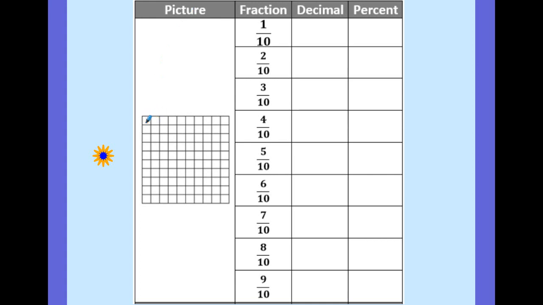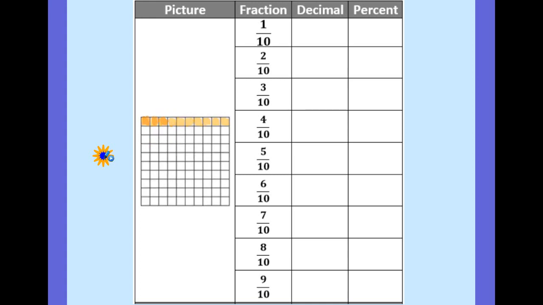As I'm looking down, my columns each have 10 squares. So I'm going to shade 1 out of 10, and 1 out of 10, and so on, so that when I'm done, this is what my model looks like. I have shaded 1/10 of the model. So this represents the fraction 1/10.